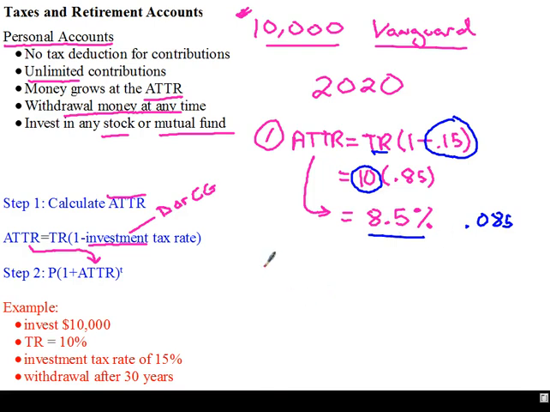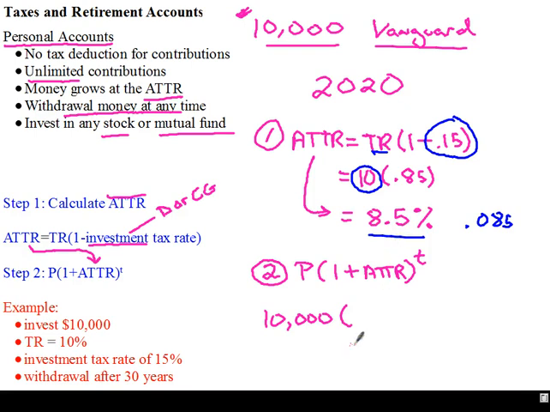All right, now step number 2. Step number 2 is I use this and plug it into my formula. So I'm going to get P times 1 plus my after-tax total return, that's going to be my 8.5%, raised to the number of years that I invest the money. So the amount of money, my P, is going to be $10,000 times 1 plus 8.5%.